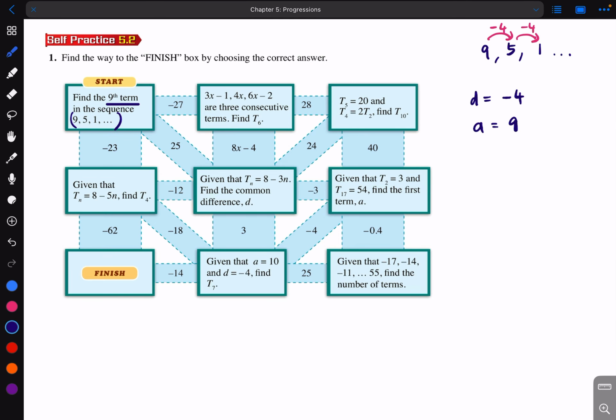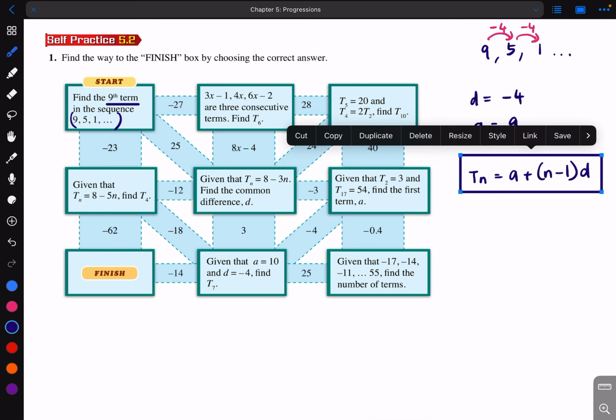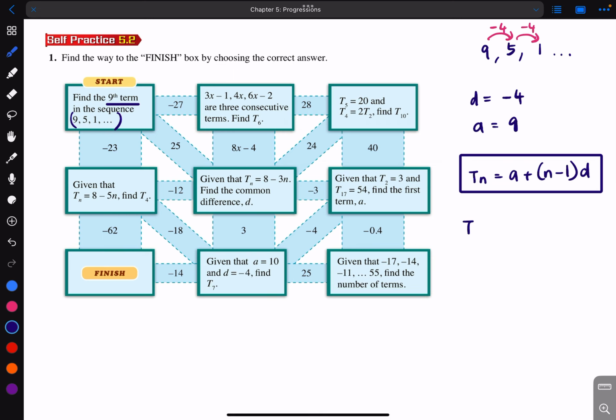Now we can find the ninth term by using the Tn formula. So Tn is A plus n minus 1 D. We need to find T9. So T9 will be A plus, n is 9, D is negative 4.